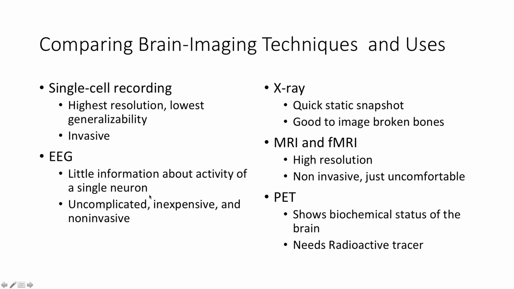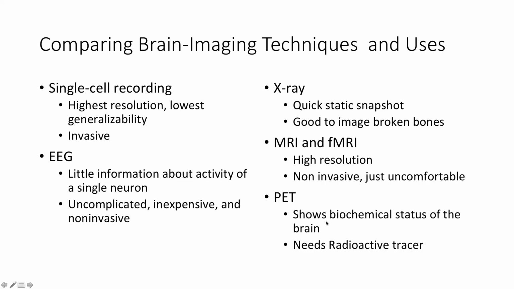However, technically all you get is a picture of the brain. An X-ray is just a quick static snapshot, and it's good to see if there's any tissue damage or broken bones. MRI and fMRI, pretty high resolution, non-invasive, just kind of uncomfortable because you have to listen to very loud noises.